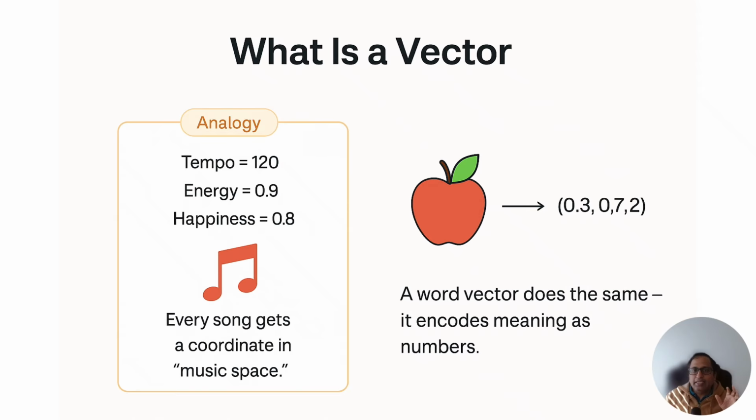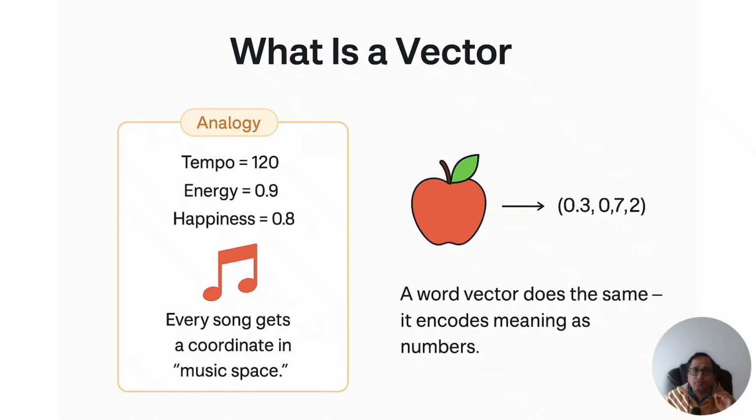So each number in the vector captures one particular characteristic, not literally, but we'll come to that. For now, to understand what exactly a vector is, have this conceptual, intuitive knowledge: a vector is nothing but a sequence of numbers related to an entity that captures its particular characteristics.